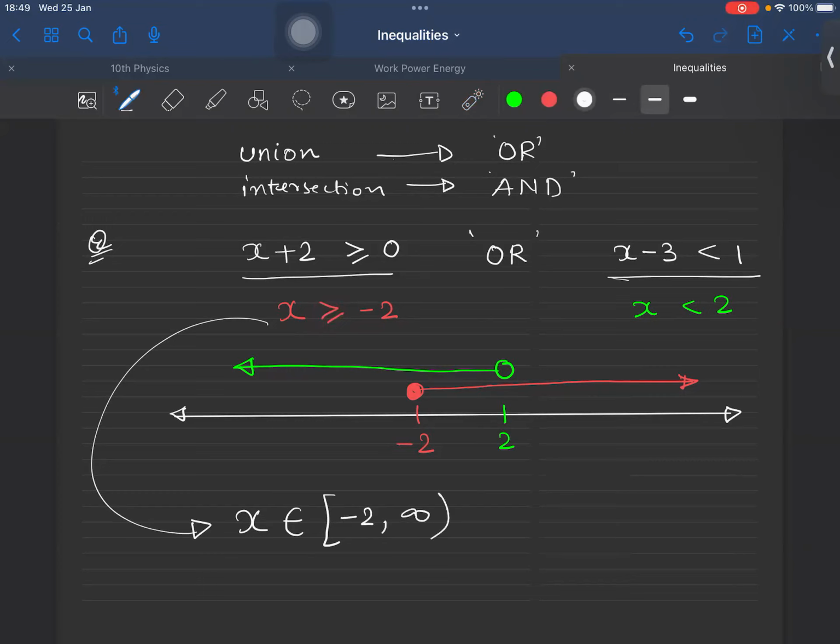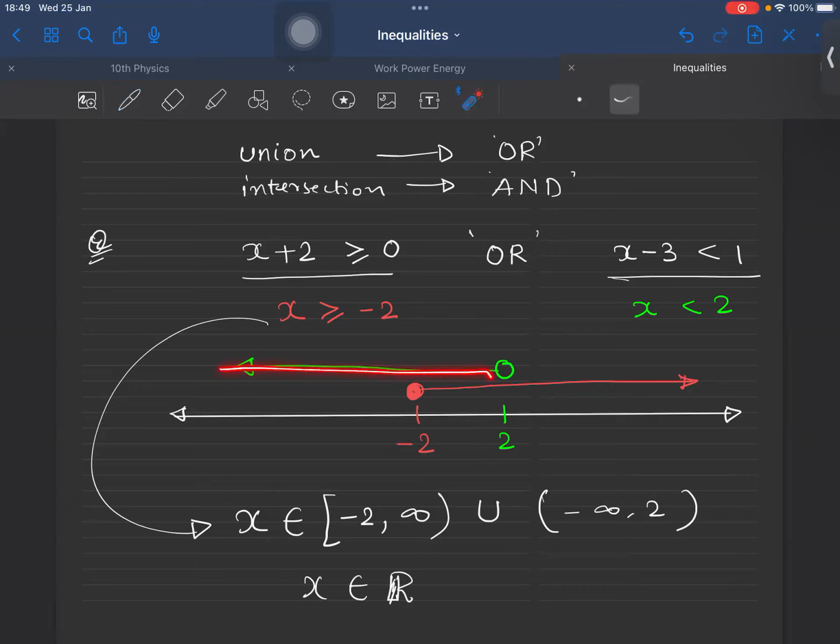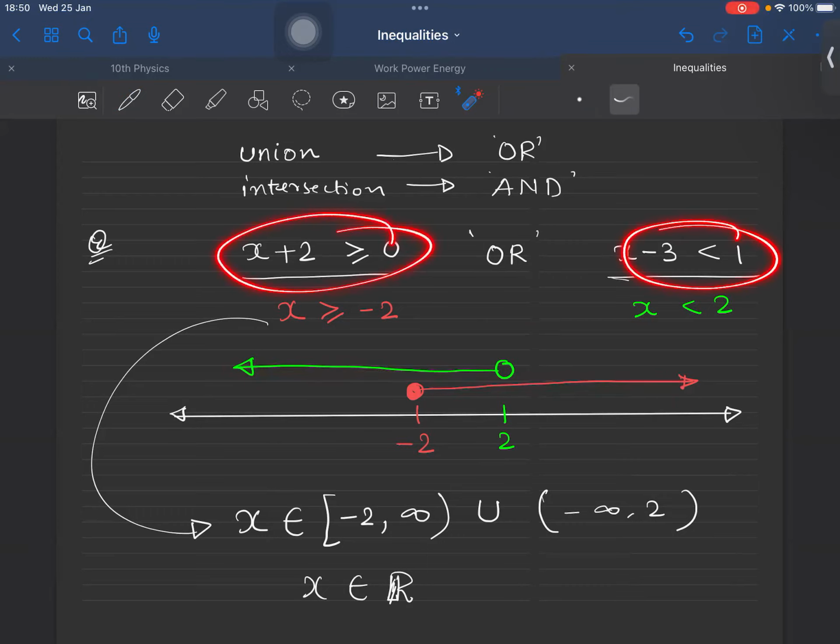And from the second one, union -infinity to 2. So if you take the union, we get all real numbers. x belongs to the real numbers. Either the value of x can be the green one or the red one. Understood? Because this inequality is satisfied.